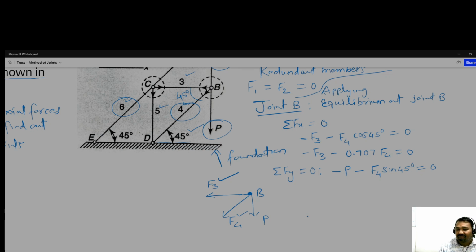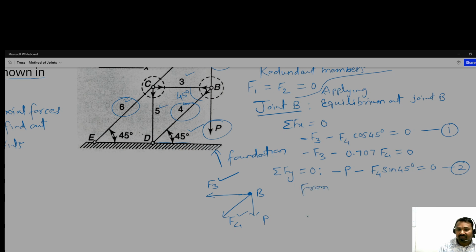Suppose we get positive, then it's okay, our assumption is correct. If we get F3 as a minus value, then the direction will be compressive, not tensile. So we have equation 1 and this is equation 2.